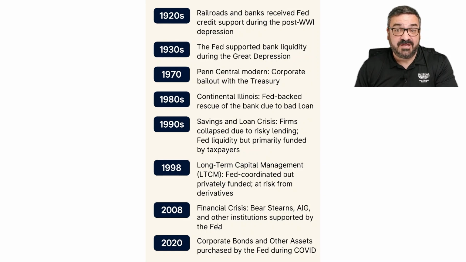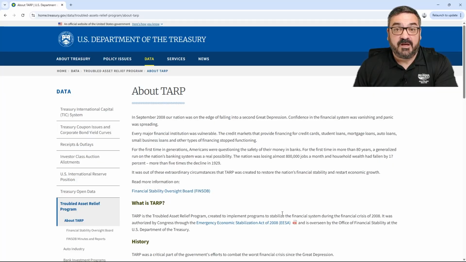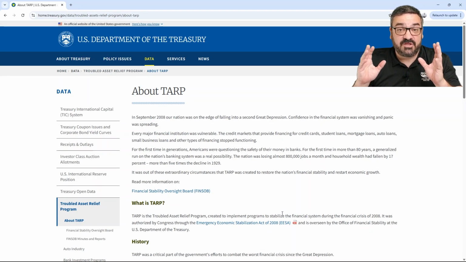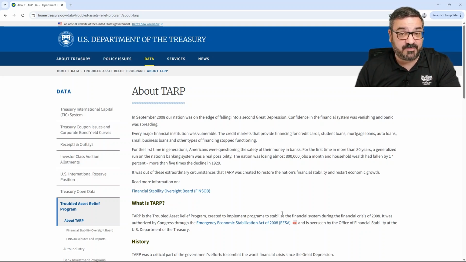Let's take a look at what the U.S. Treasury did in 2008 versus what the Fed did. What the U.S. Treasury did in 2008 was something called TARP, the Troubled Asset Relief Program. TARP was undertaken by the U.S. Treasury and primarily funded by taxpayers.